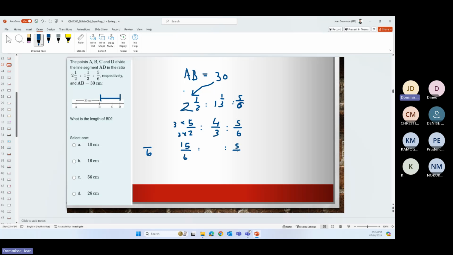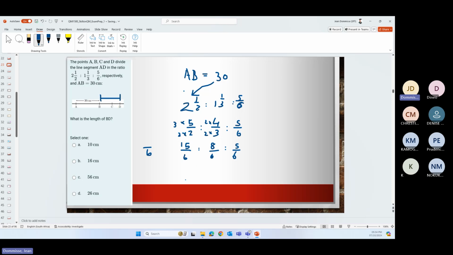And then the 4/3, to turn that into 6, I will multiply at the bottom by 2. And what I do at the bottom, I must do at the top. Okay, so now at least we've got 15/6, 8/6, and 5/6 that are in the same fractions.